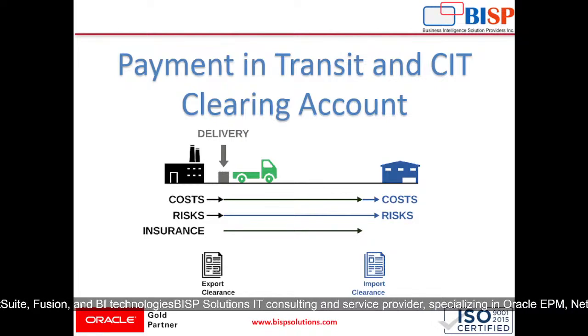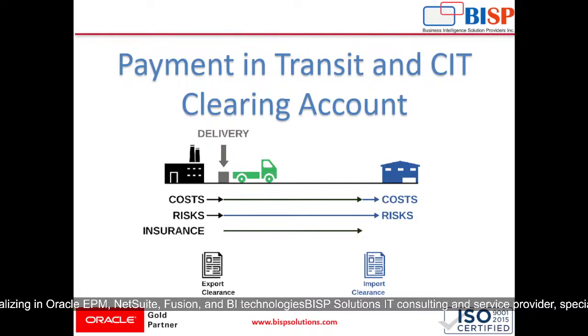Taking an example scenario, so daily sales. So in this, our retail store collects cash sales throughout the day. Okay, at the end of the day, the cash is recorded in the CIT clearing account. So the cash is deposited into a bank account the next business day. So this is what cash in transit means.